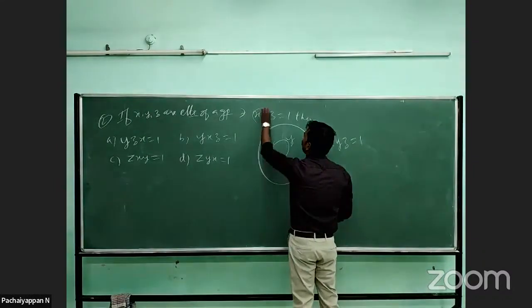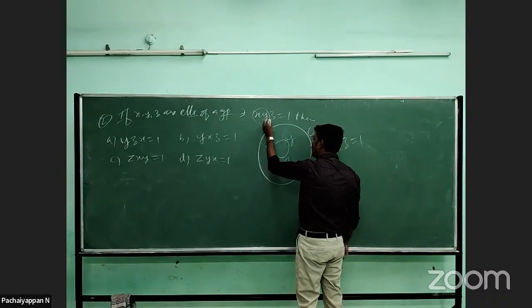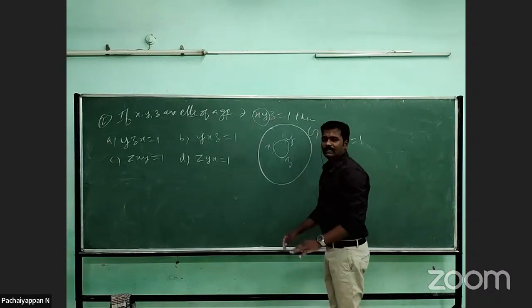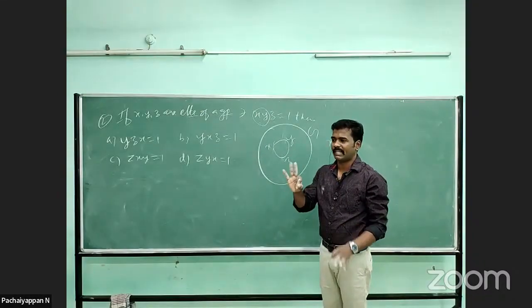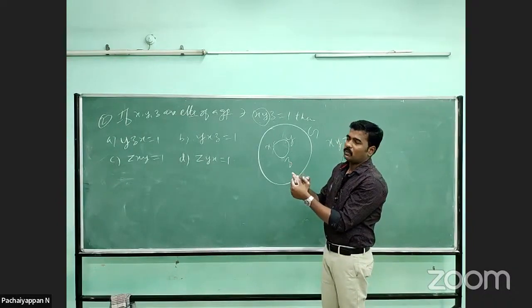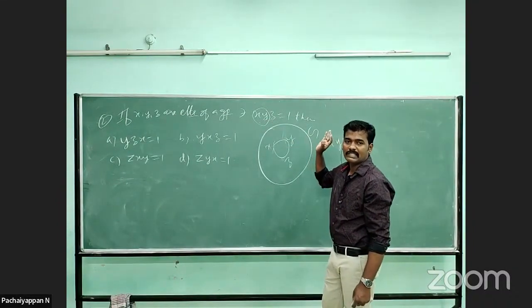Maybe x, y inverse, z, or y, z inverse, x. We don't know. There are just three random elements x, y, z in the group, and they have the property xyz equals 1.